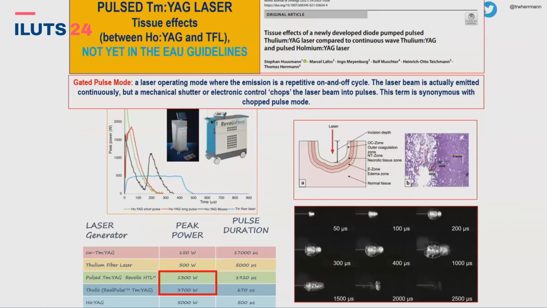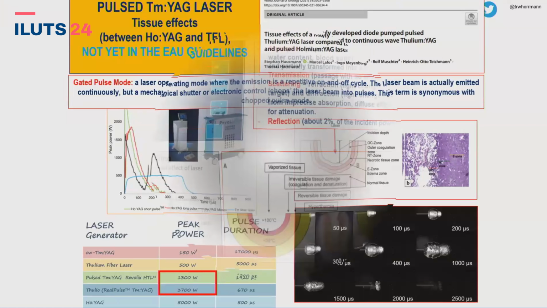Last year it was born in the market, and was a sort of survival of the thulium YAG because of the versatility. The pulsed thulium YAG gives the thulium YAG the possibility to survive, because now we can use this laser also with the stone. We have different peak powers. If you consider, for example, the Dornier and the Lisa, there are totally different peak powers.